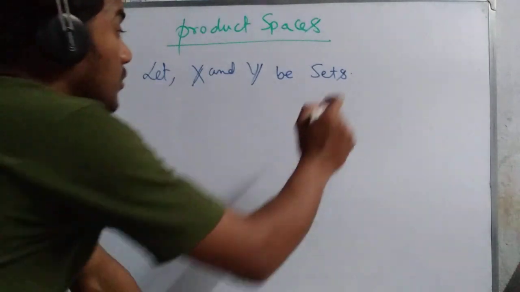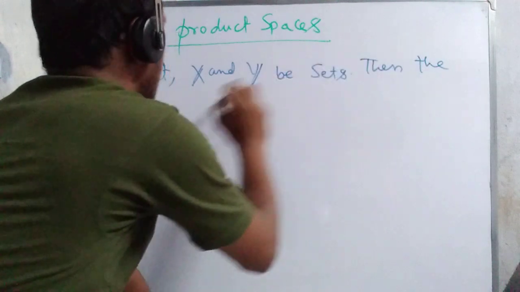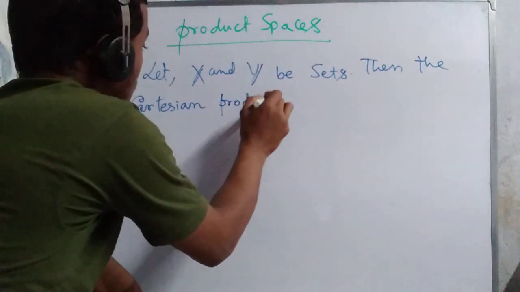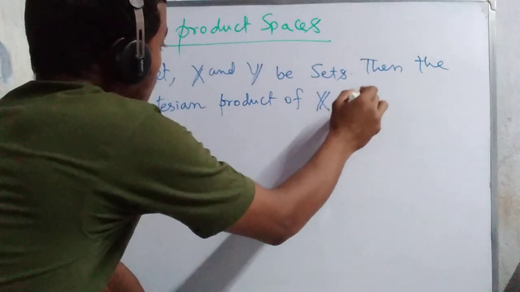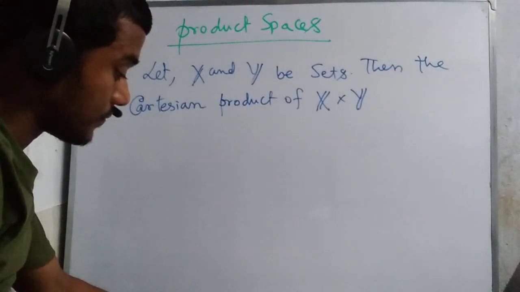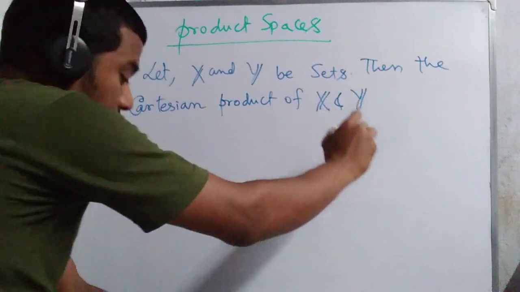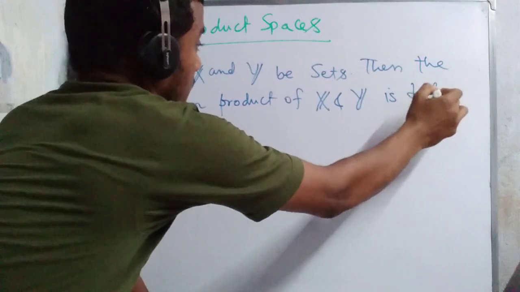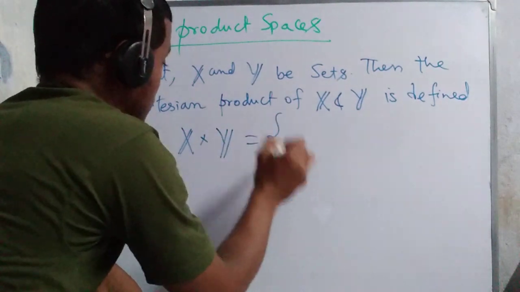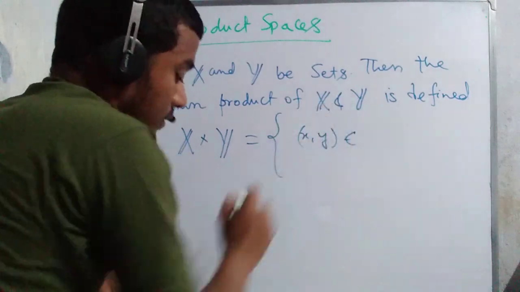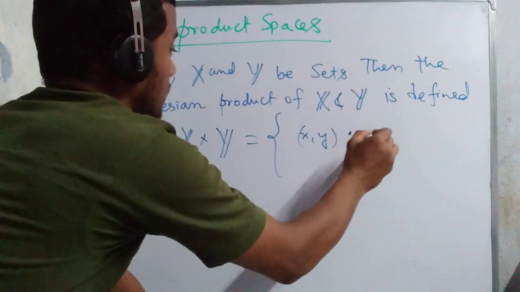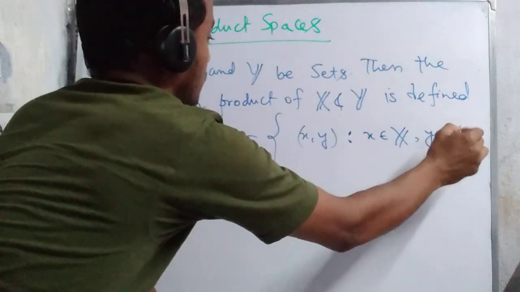Then the Cartesian product of X and Y, denoted X cross Y, is defined by X Cartesian product Y equal to the set of pairs (x, y) such that x belongs to X and y belongs to Y.